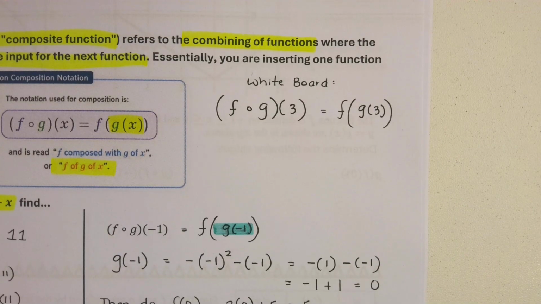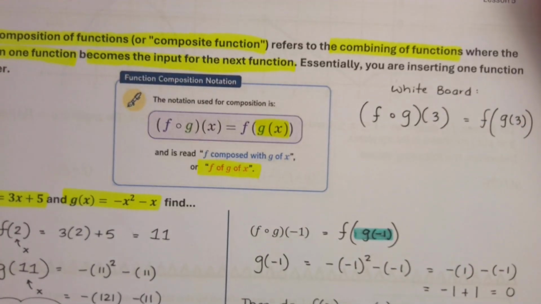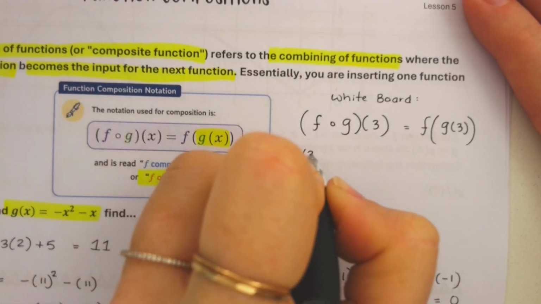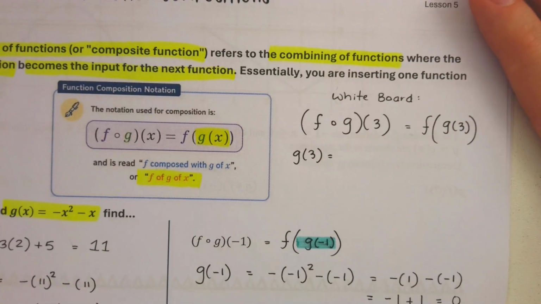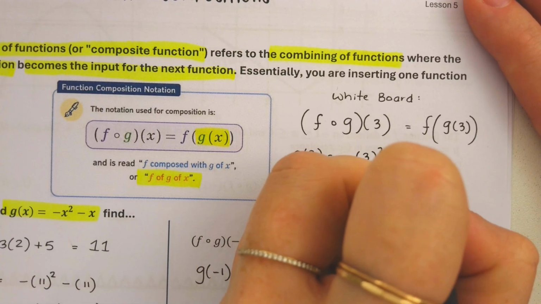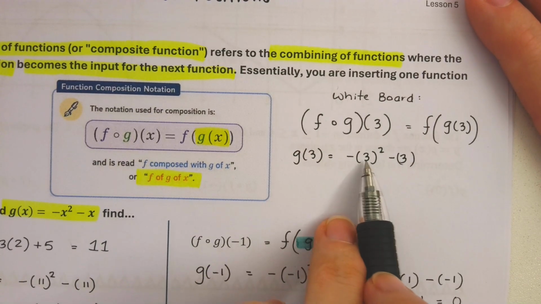Ooh, lots of right answers. Correct answer was -31. If you didn't get -31, let's do it together. Your first step would be to do g of 3. Plugging in 3 to the g function, that's negative, and then 3 squared minus 3. That would become -9 minus 3.